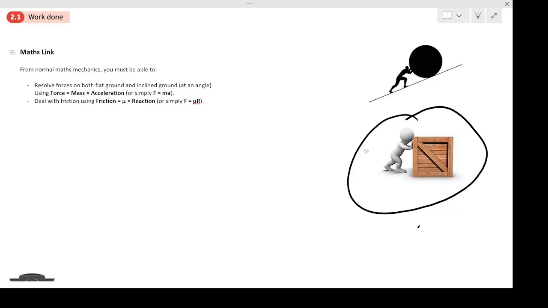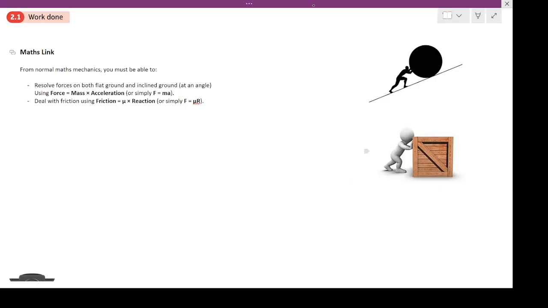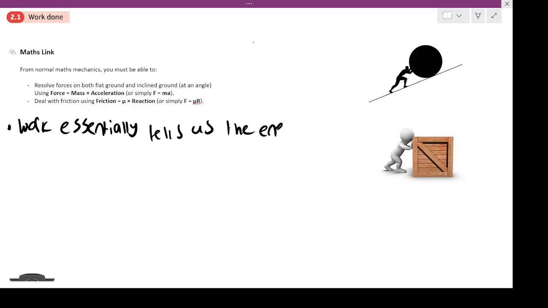In other words, less energy the person needs to move it forward. So I'll summarize here: work essentially tells us the energy needed to move an object forward.